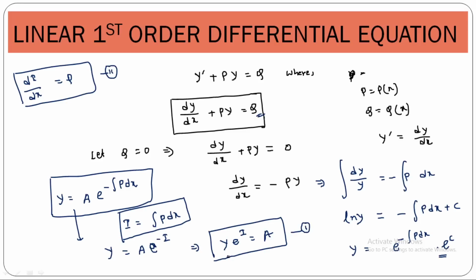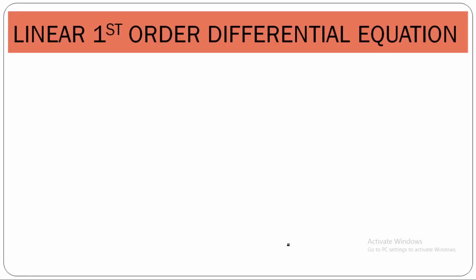Now let me differentiate this function y e to the power I with respect to x. If you take the differentiation with respect to x of y e to the power I, then you will get dy/dx, or you can say just y', into e to the power I, plus y e to the power I into dI/dx, and this dI/dx is nothing but p.